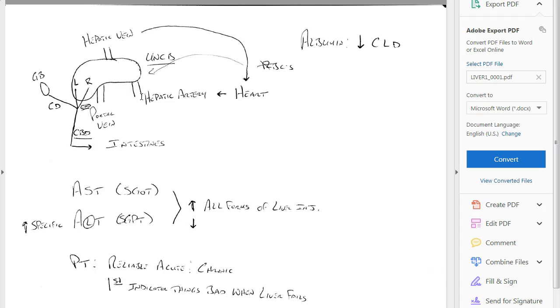And that is when you have a huge surge in total bilirubin. And it's a result of a problem with the enzymes, hepatocytes within the liver that change bilirubin from unconjugated to conjugated, or indirect to direct.